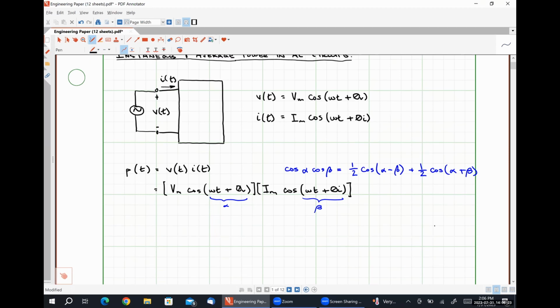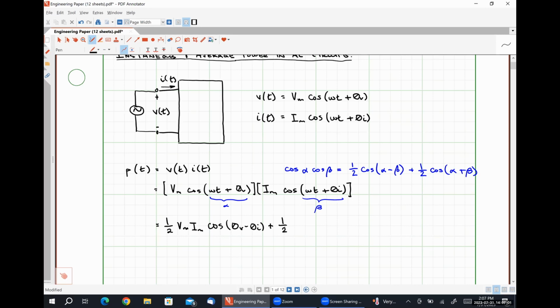So when we apply our trig identity, we're going to have 1/2, and then our magnitudes are going to multiply by each other. So this is going to be Vm times Im, and then we're going to have cosine of alpha minus beta. So that's omega t plus theta v minus omega t minus theta I. The omega t's go away, and we're just left with a term theta v minus theta I. And now we're going to have the second half of that trig identity.